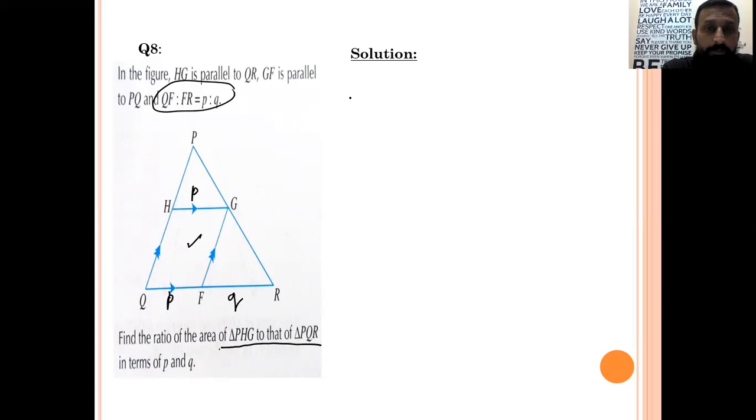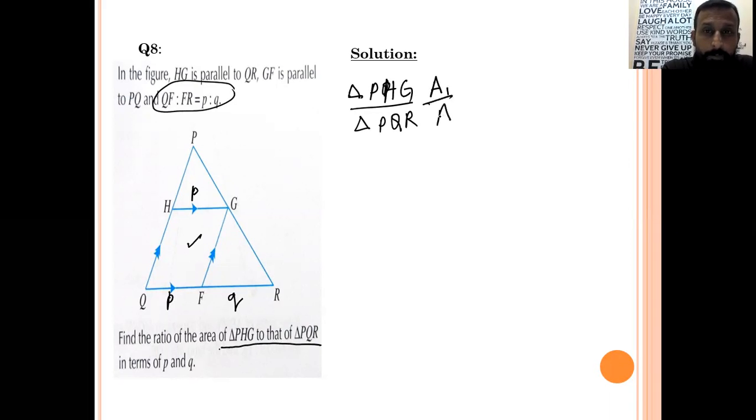So you can write down the formula: area of triangle PHG upon area of triangle PQR, that is A1 upon A2 is equal to L1 upon L2.